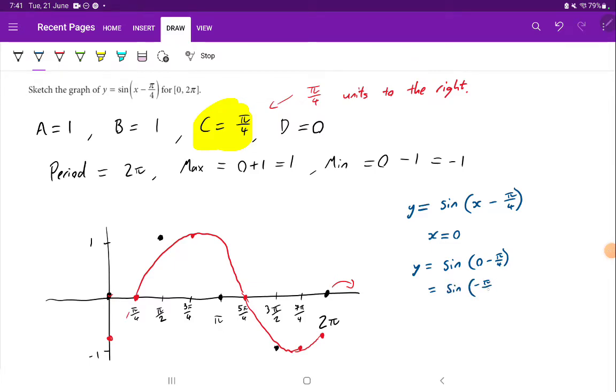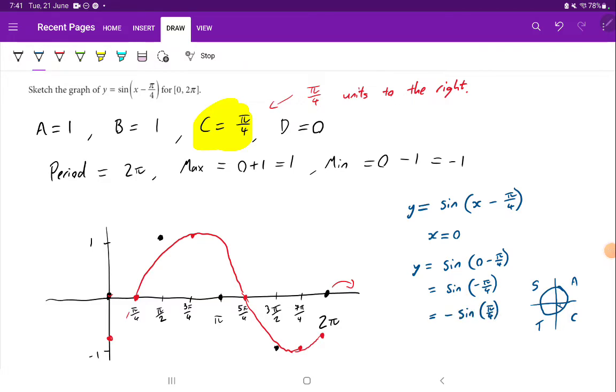So what's the sine of negative pi on 4? Okay, well, we can draw a little unit circle. That's that angle down there. The reference angle is just pi on 4, and we're in the fourth quadrant, where sine is negative. So it's going to be negative sine of pi on 4.